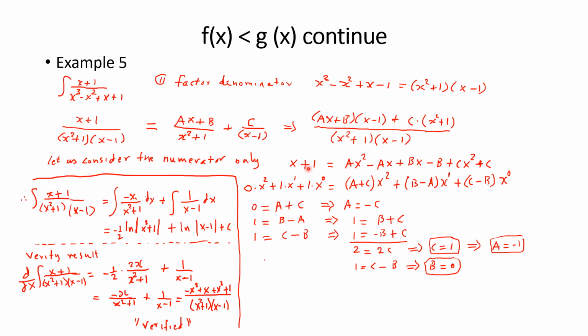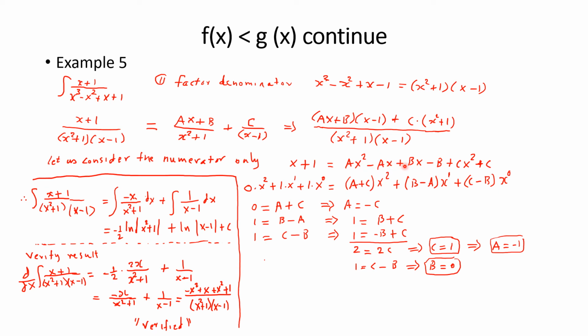So x plus 1 must be equal to, now if you multiply these, you're going to get what? ax squared minus ax, and then bx minus b, and over here we have cx squared plus c. Now we can collect the terms that have the same exponents.